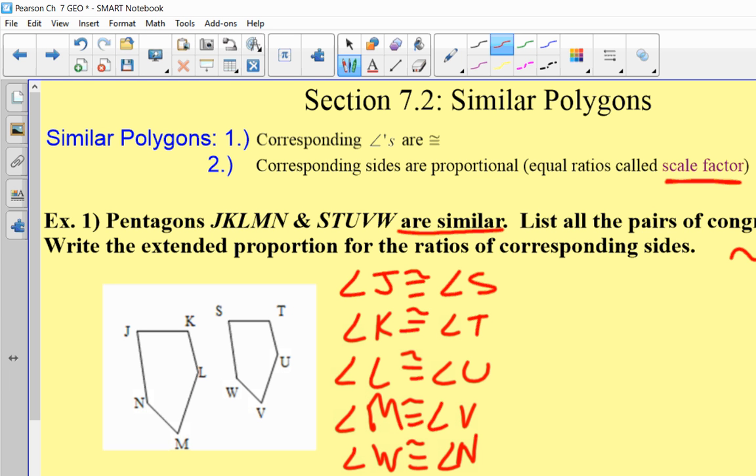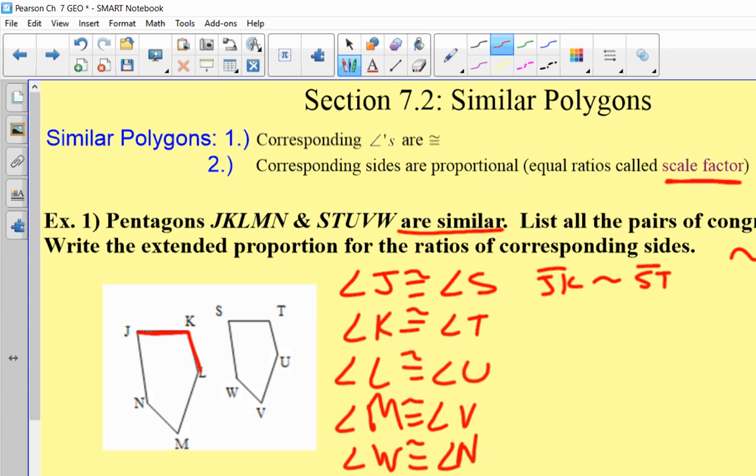But you pick a place to start, and we just start going from there, but start with the left. So I'm going to start with JK. So side JK, which is a line segment, is going to be similar to ST, its corresponding side. Okay. And just go around now and hit every one that you can.